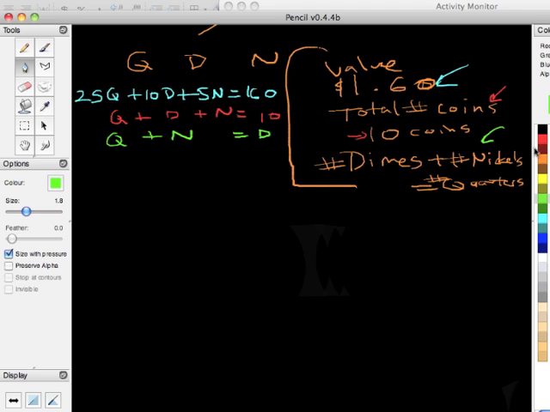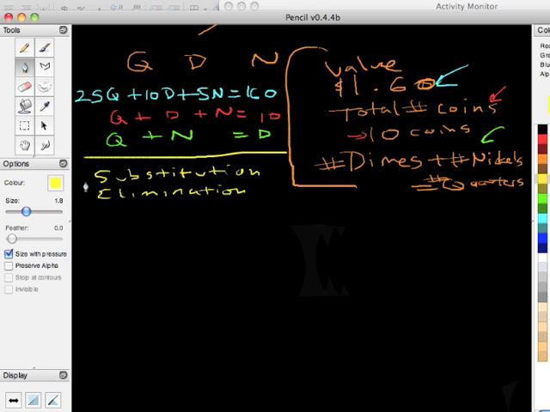So how are we going to take these three bits of information and solve? It's going to be a matter of substitution, elimination, and resubstitution of answers, so that if we solved for the number of quarters and dimes, we would be able to come up with nickels.